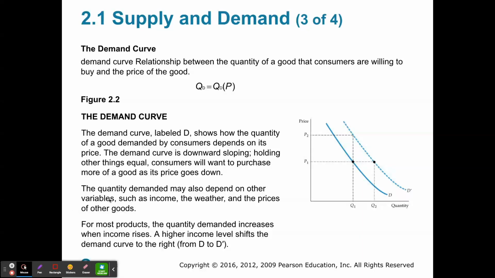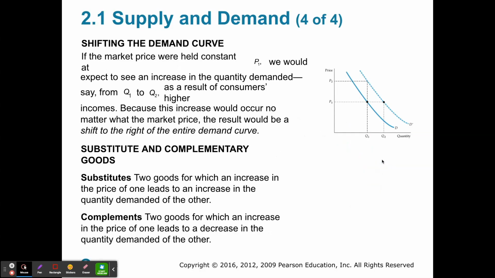And that's what you see here. That demand can then shift out based on some factor other than the price changing. So again, the difference between a shift of the curve versus movement along the curve.